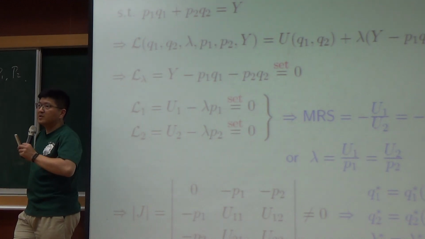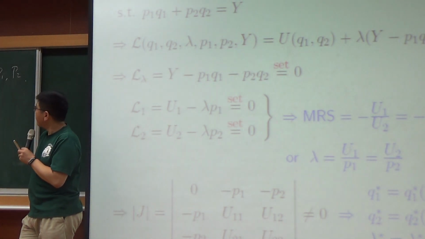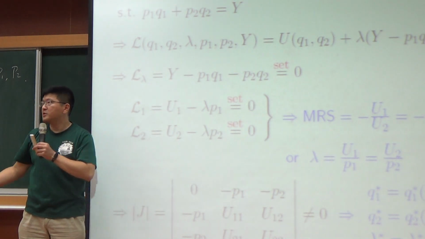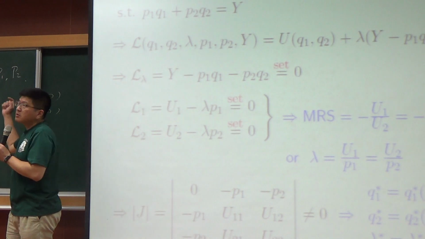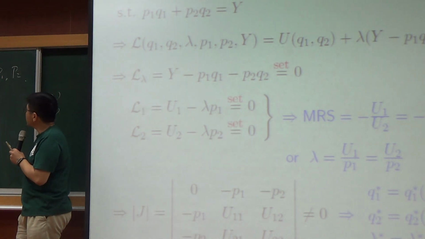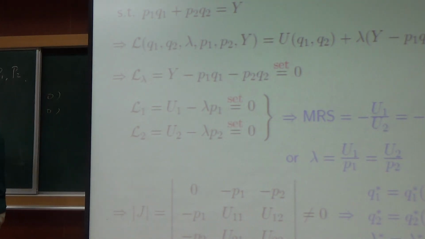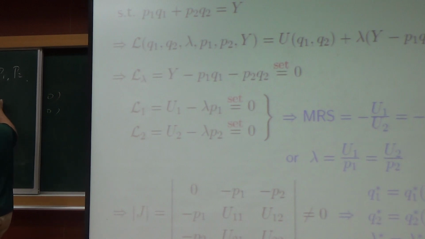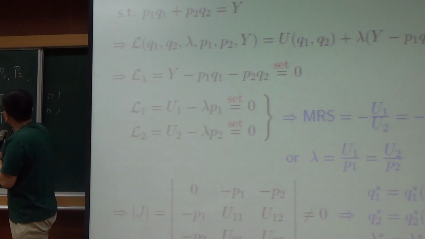If you are a student from the Department of Mathematics, then the Jacobian would tell you that you may choose arbitrary, whichever 3 variables, like I choose Q2, lambda, P1 to be functions of Q1, Y, P2.